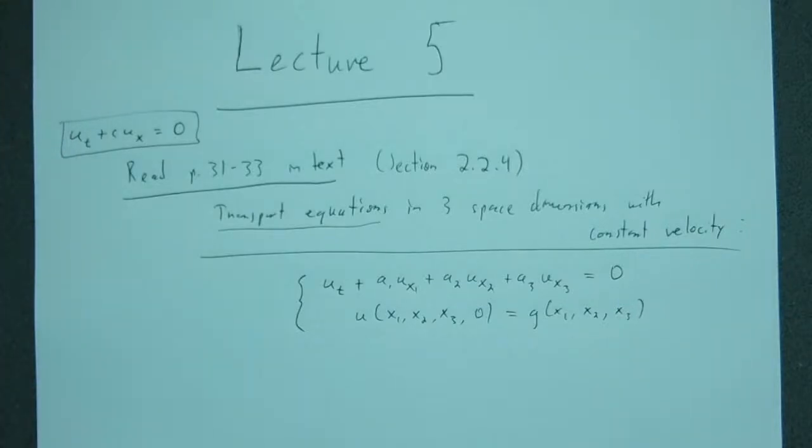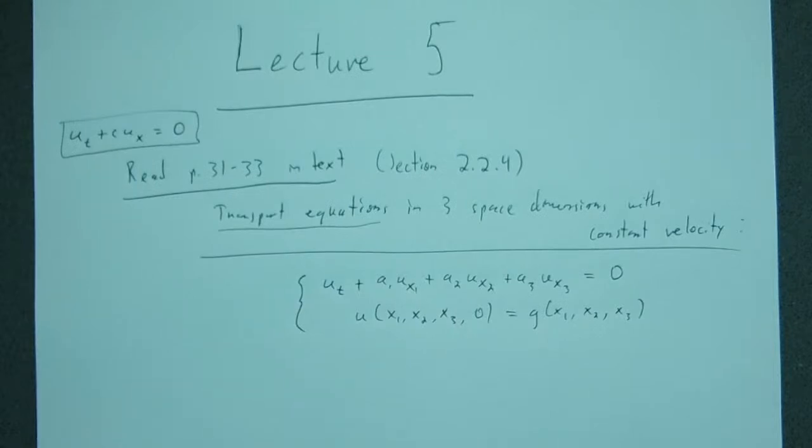Now, of course, the big problem here is I can no longer easily visualize what is going on. Before, for a transport equation, I was able to draw a profile for fixed t that showed how a signal or a wave would be transported.